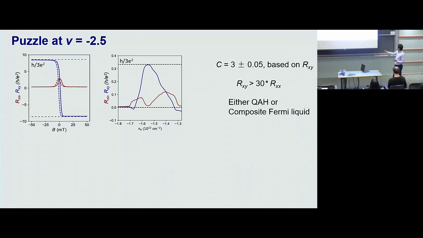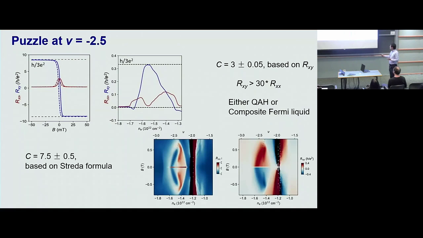Already, Rxx is very small. But if you check the Streda formula, the slope in the Landau fan versus magnetic field has a much bigger slope than that, something like 7 or 8. Okay? We don't know why there's a mismatch like this. We just have no idea. Anyway, there is a high Chern number topological flat band. That's the key message. Okay?